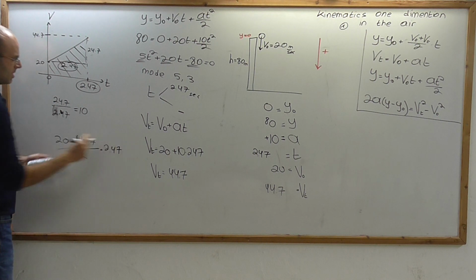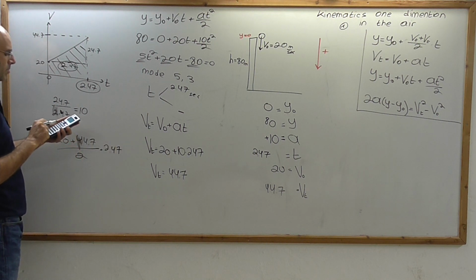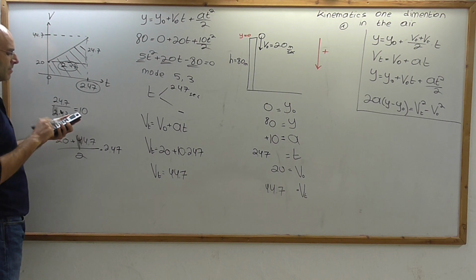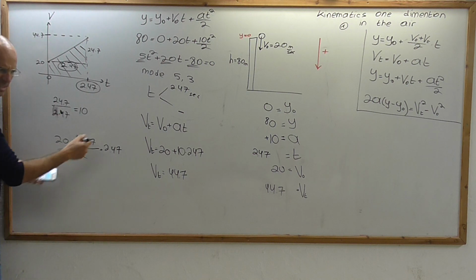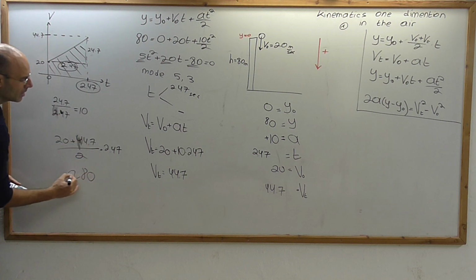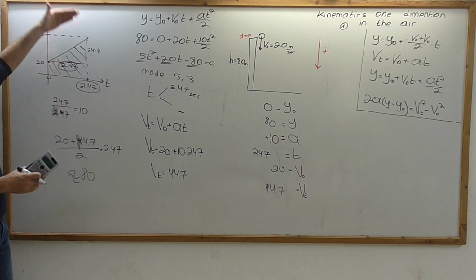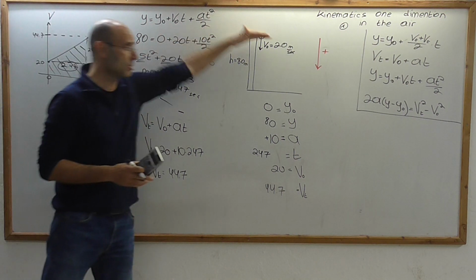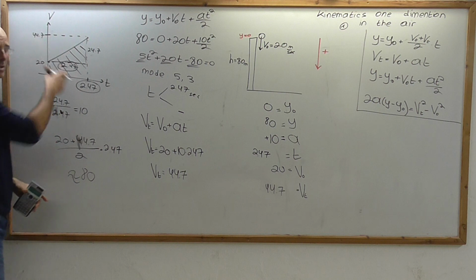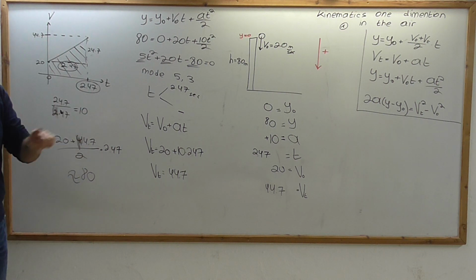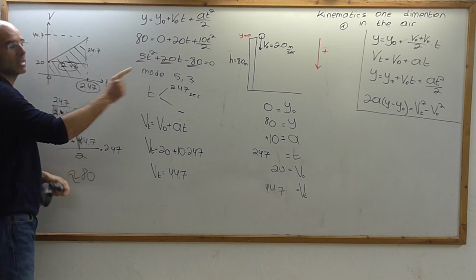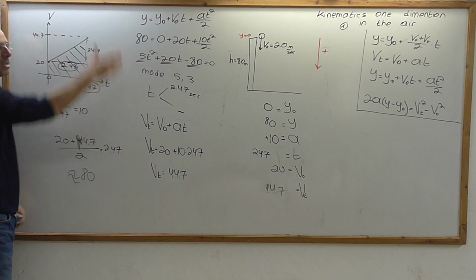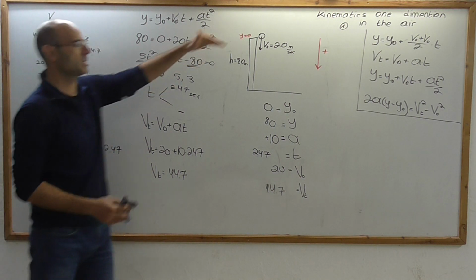Let's see how much it is. It's around 80, which is the distance. So now I know it's okay. I have a way to check myself. The slope must be the acceleration, the area must be the distance, the displacement.